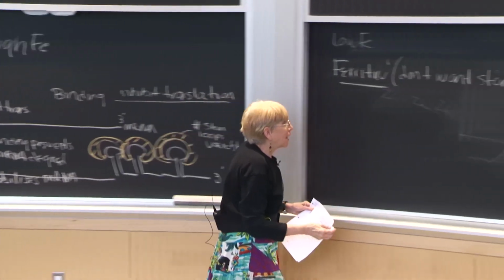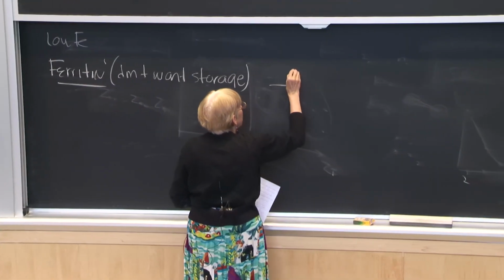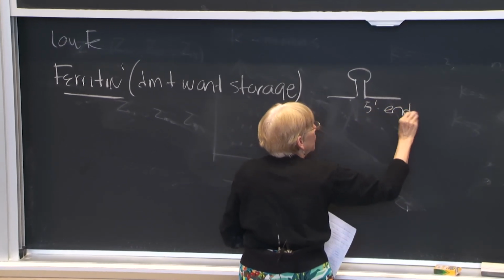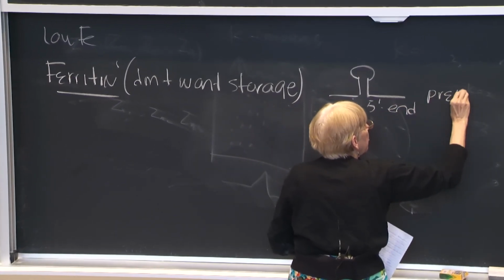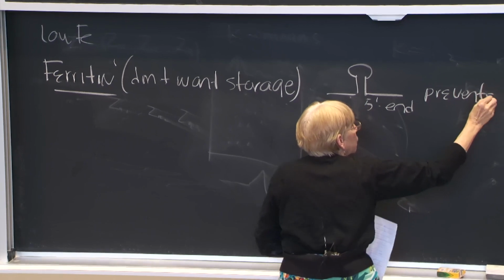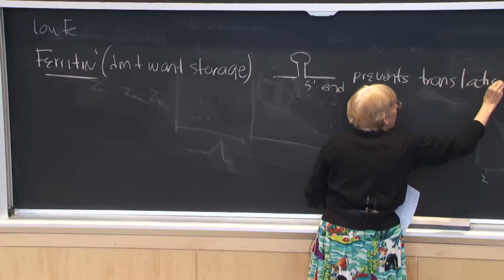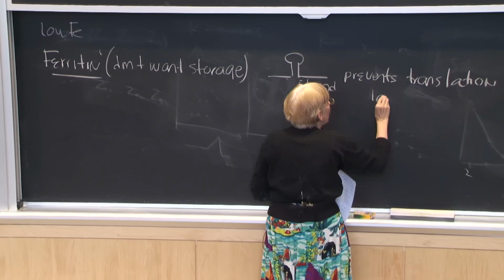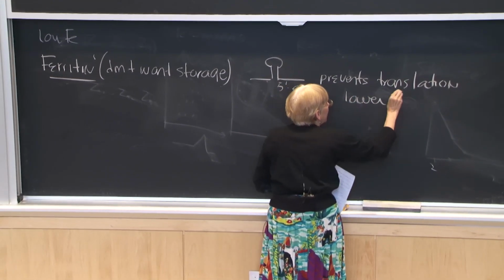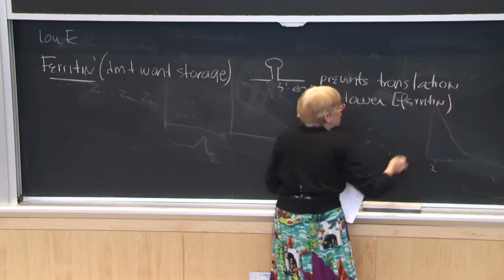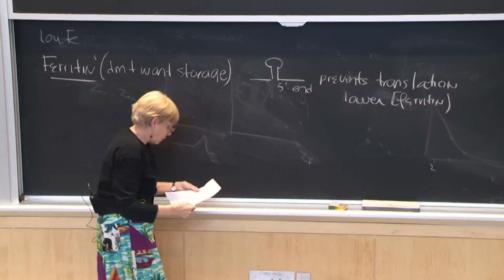So what you see now is you have, again, a stem loop at the 5' end, which prevents translation. And you have lower concentration of ferritin. Okay, so that's exactly what you would expect.